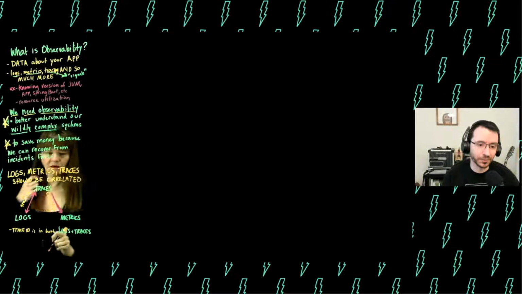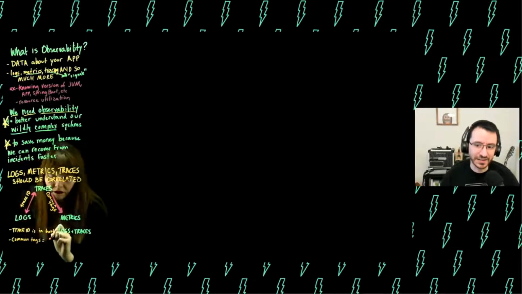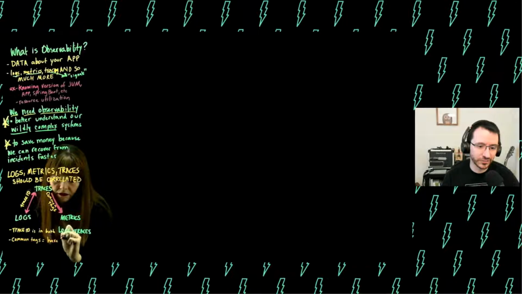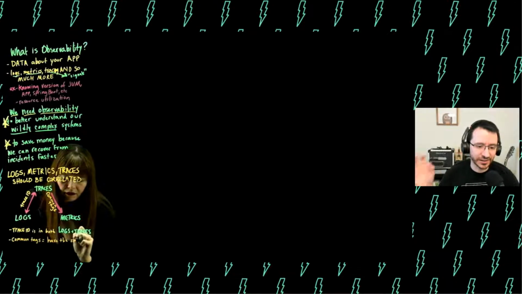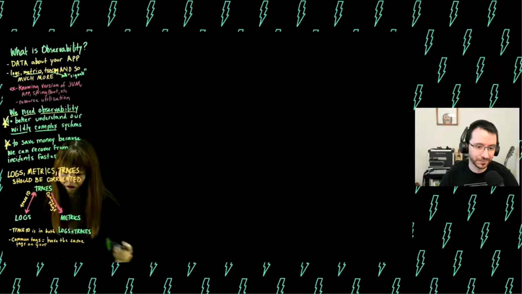For example, the HTTP status code. If they have the same key, like status code, and the same value, like 200, then you can basically get these values from your span and craft a query in your metrics backend.